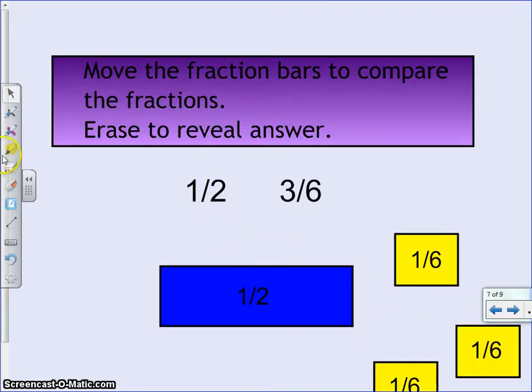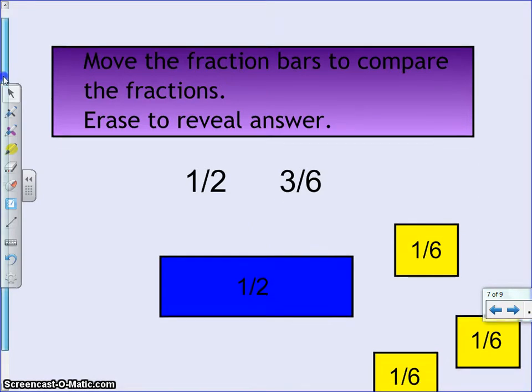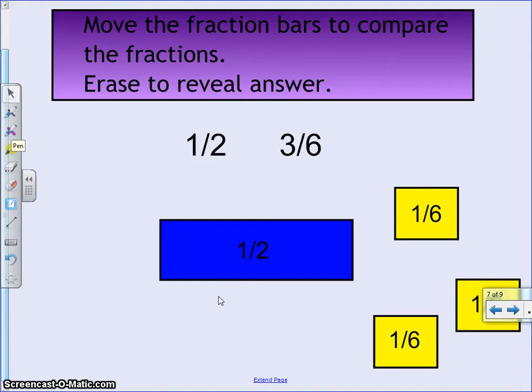Now we can also use fraction strips to compare fractions. You guys have used fraction strips before on your desk at the beginning of this. Those fraction strips, we can pull them out and start comparing.